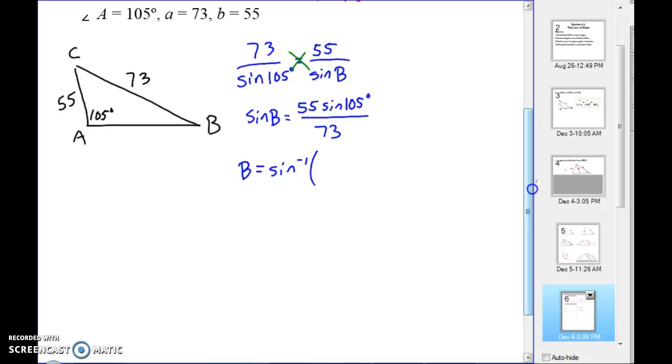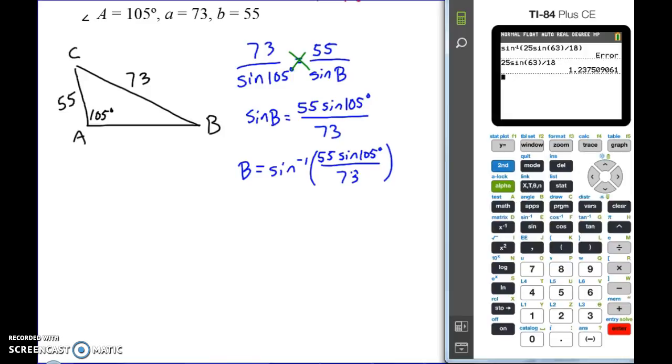So it's inverse sine of 55 times sine of 105 degrees over 73. And type that in my calculator. And I get 46.7 degrees.